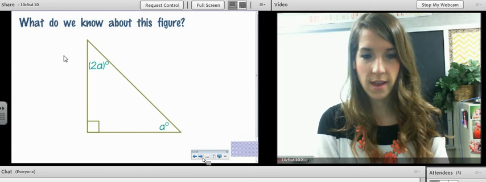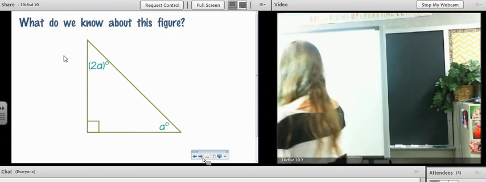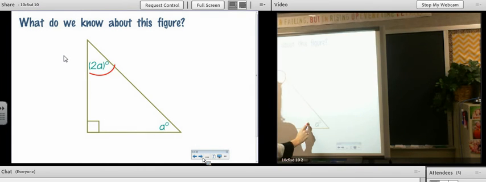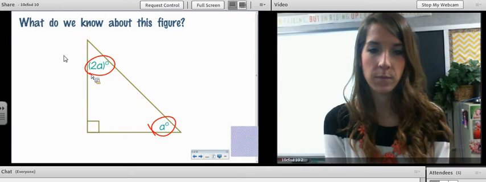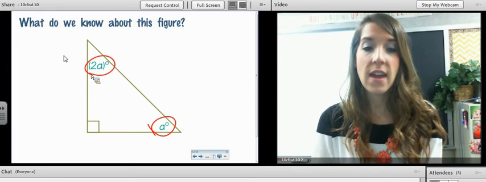It's a right triangle. Yep. What do these two add up to? What is this plus this? 3a, and they have to add up to 90.